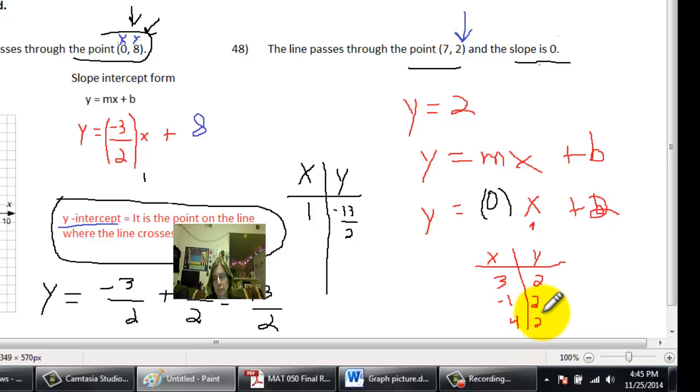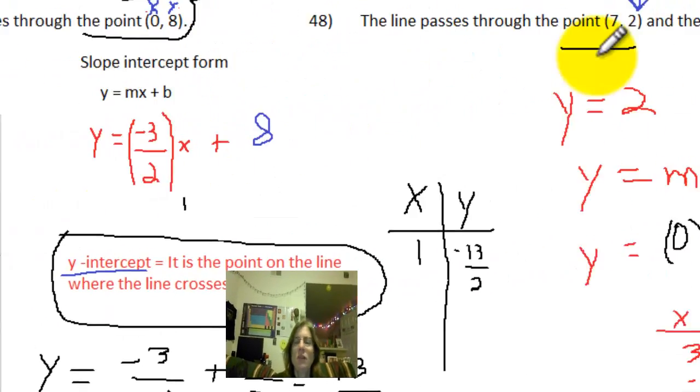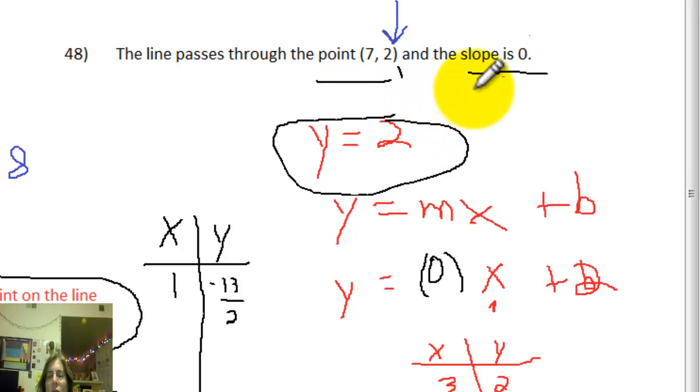So no matter where I go on the x, if I go 3 on the x, I go up 2, and I'm on that line again. If I go -1 on the x, I have to go up 2, I'm on that line again. If I go 4, you get the idea. So whenever they say slope is 0, you just look for that y value, and there's your equation.